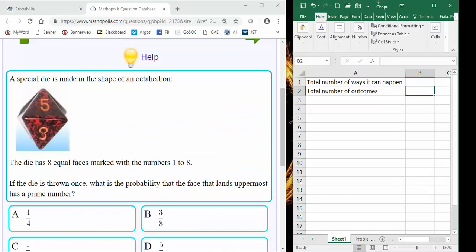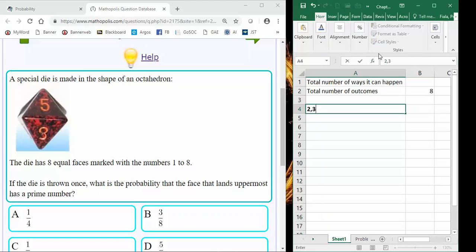A special die is made in the shape of an octahedron, I think. The die has 8 equal faces marked with the numbers 1 through 8. If the die is thrown once, what's the probability that the face that lands uppermost has a prime number? Well, prime numbers are divisible only by themselves.